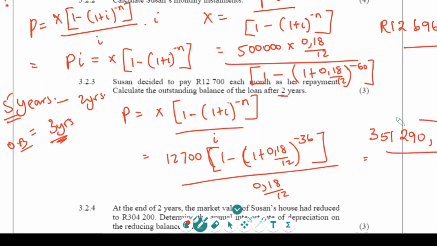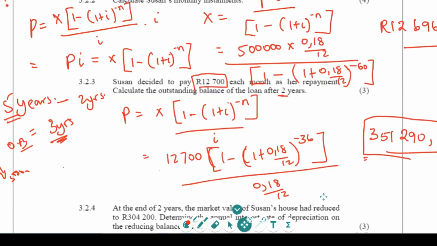So this will be the outstanding value or the outstanding balance after the 2 years, for as long as Susan decides to pay 12,700. Remember, for the second option, you need to get the value of the 500,000 in 2 years, and then you can use the future value to determine what is due in 2 years.